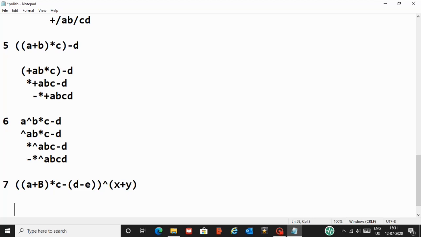We will solve. First I need to do the brackets. This bracket, let me solve. Again I have two brackets in between, so I will do a plus b first. So plus will be here, ab star c, then I have minus, and again d minus e, I'll write it now, d minus e.